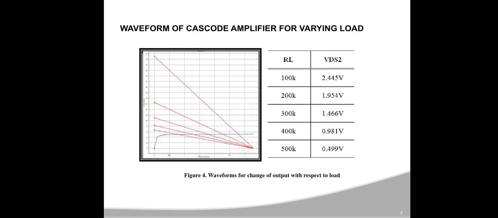From this we can conclude that as the resistance increases, the voltage of the cascade amplifier decreases. By varying the load, the voltage decreases. Further, the waveform for the change of output with respect to load is given in the figure.